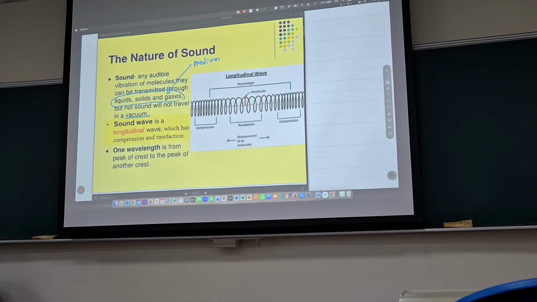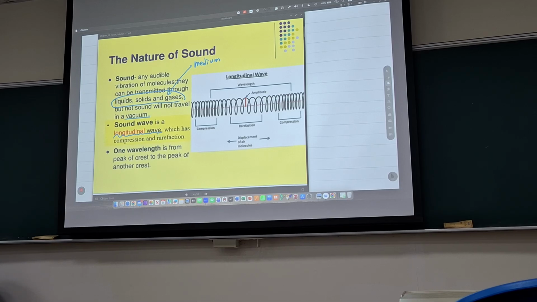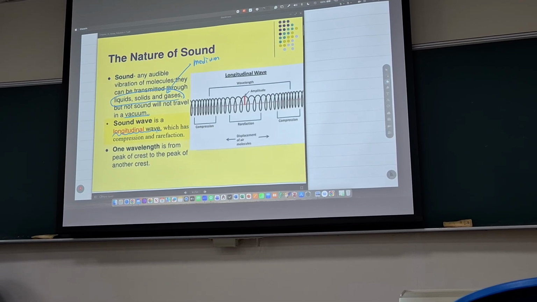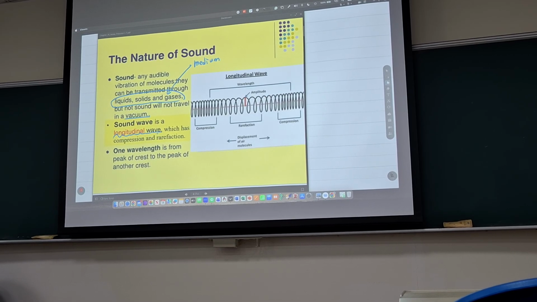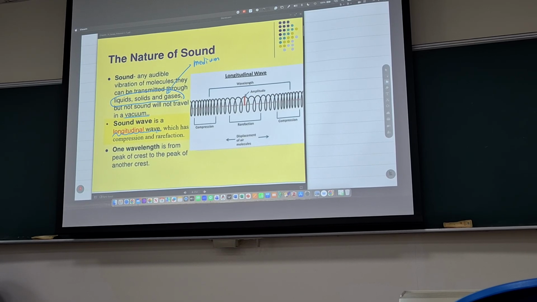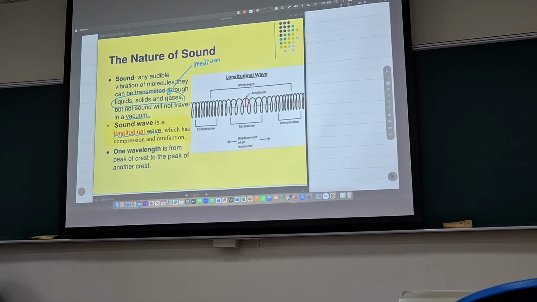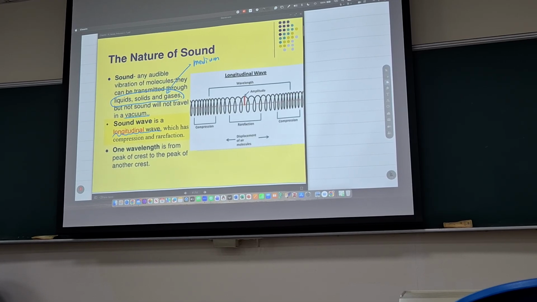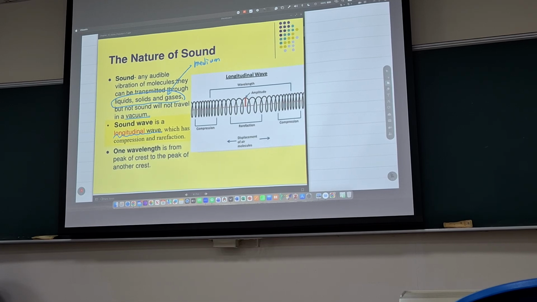And the sound wave is a longitudinal wave, which has compression and rarefaction. So it just moves back and forth in the same direction. Okay, so how to find out the wavelength?